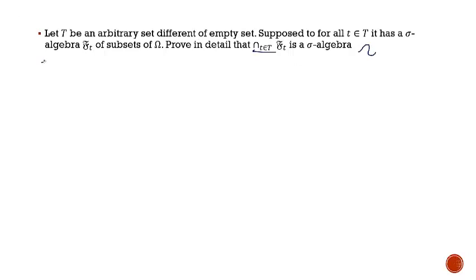Number 1. Omega is in F_t for all t in T by hypothesis.